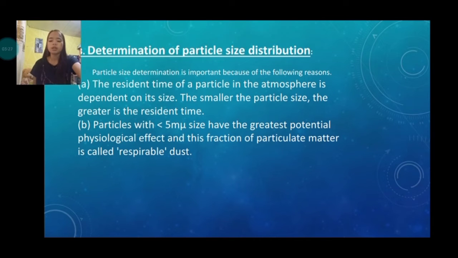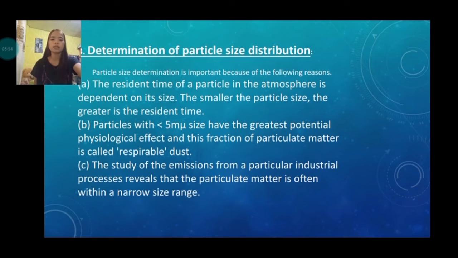Second, particles with a diameter of 5 micrometers have the greatest potential physiological effect, and this fraction of particulate matter is called respirable dust. Respirable dust is the practice of assessing pollutants in the volume of air that can be breathed by the employees of a certain workplace.